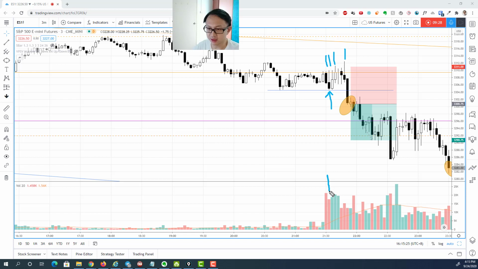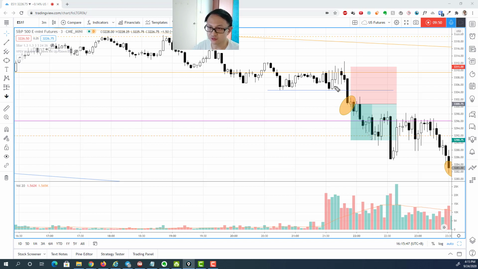This is 9:33 p.m. my time zone, because it's kind of going down. It tested this orange line as a resistance, but because I think that we still have this immediate swing low, I just want to see how it actually plays out.